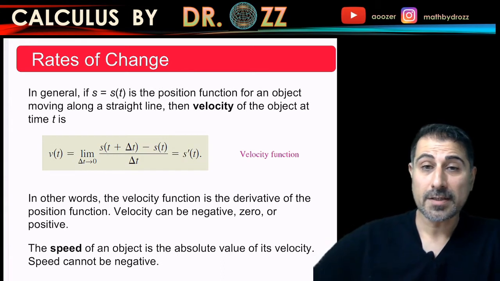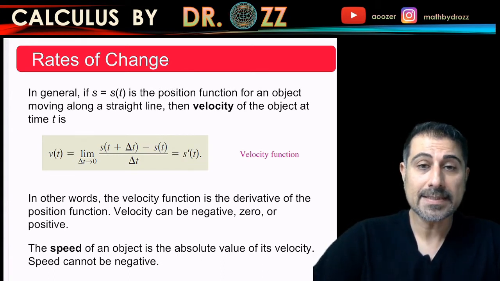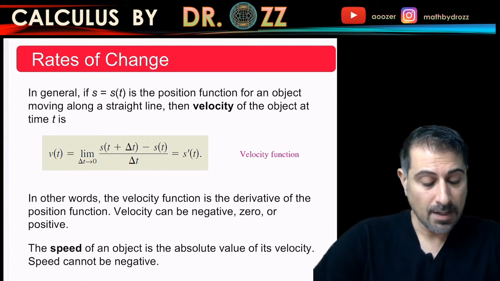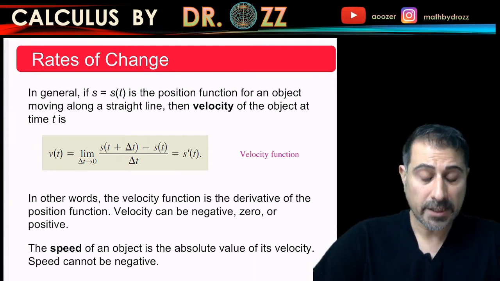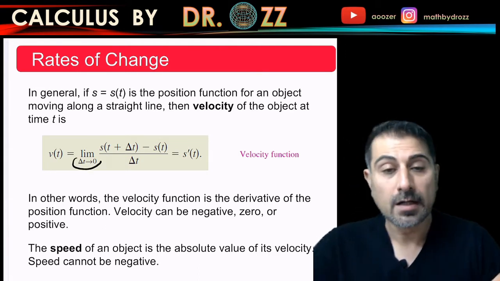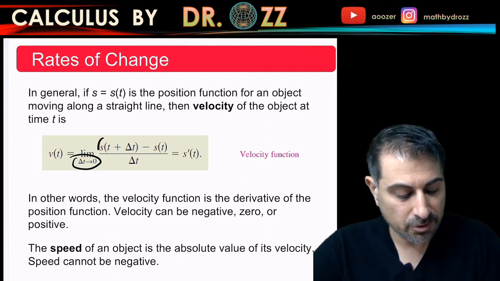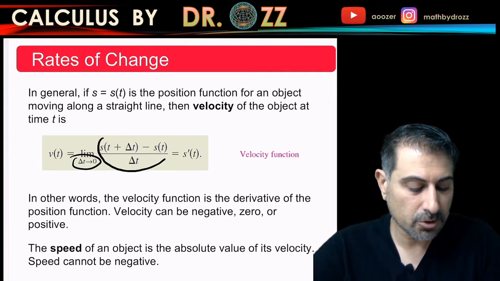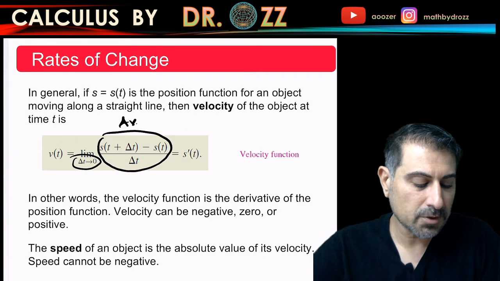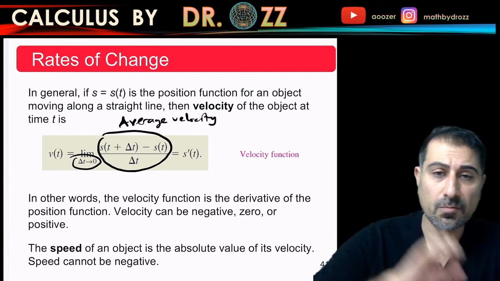And now I can talk about velocity, or in other words, instantaneous velocity of a moving object, by letting delta t, which is the elapsed time, approach zero. So this part is the average velocity, right? But just imagine a very short period of time from one point to another.